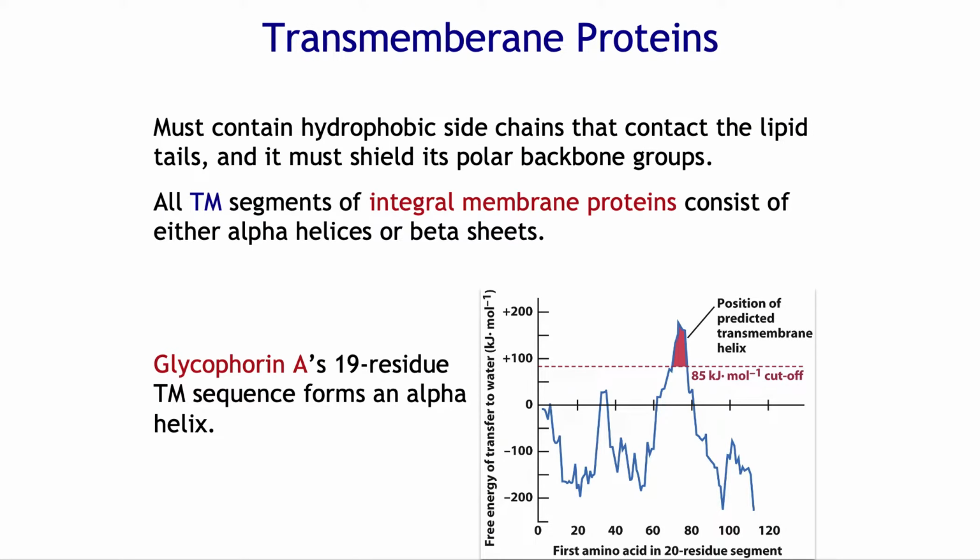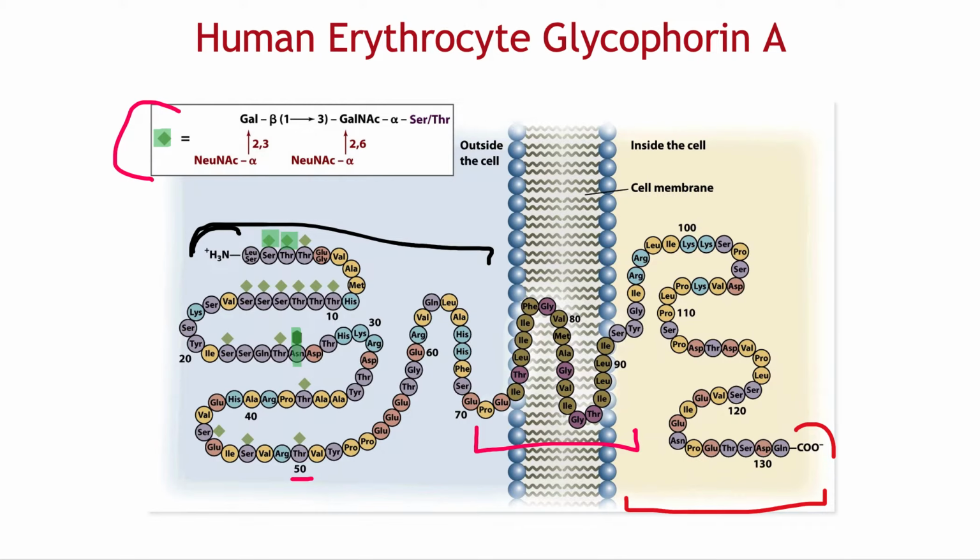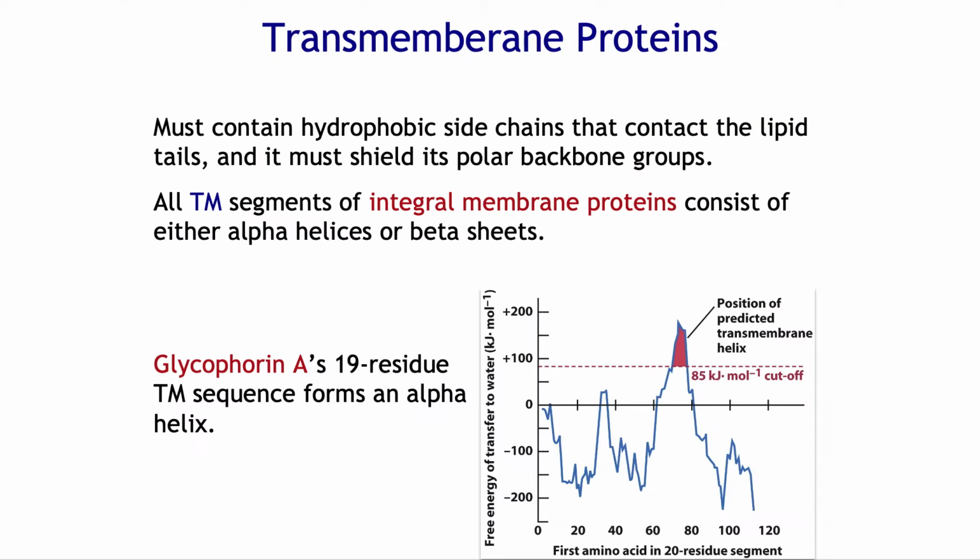So some polytopic proteins, which we said span the membrane, have a single hydrophobic sequence in or around the middle of the protein, and that was the example we just saw. You have a single hydrophobic segment around the center of that particular protein.